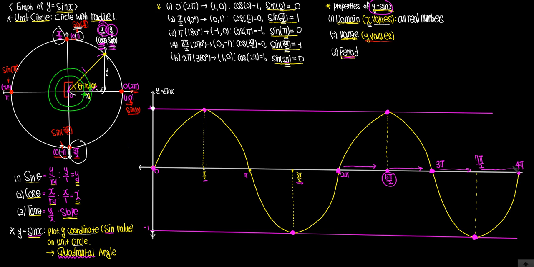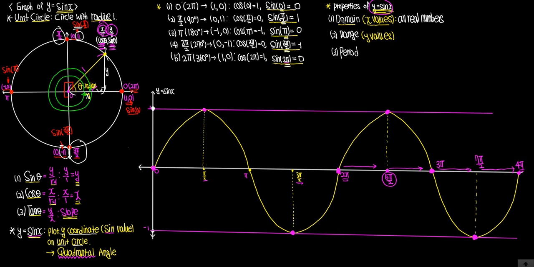As the x value, which is an angle rotation on the unit circle, hits 4 pi radian, which is the end of the period, it will be equal to 0 again, just like this graph right here. So this graph started from 2 pi and ended at 4 pi. That means it has the period of 2 pi radian.